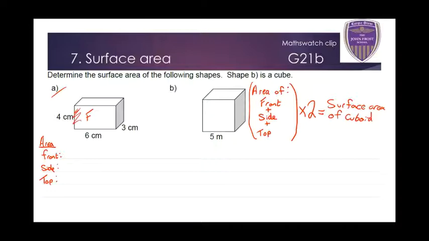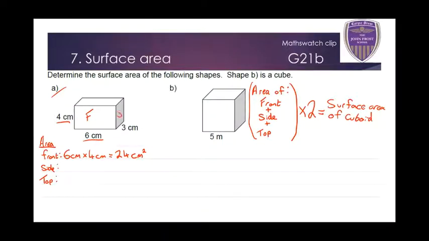So I need to find the area of this area here, and that is going to be 6 centimeters times 4 centimeters. 6 times 4 is 24. And because I'm dealing with an area, it will be 24 centimeters squared, okay?